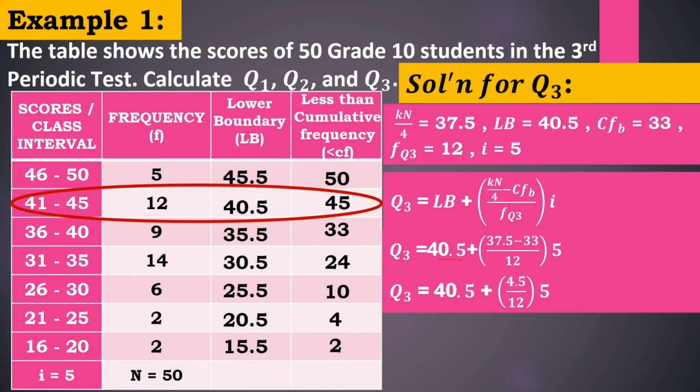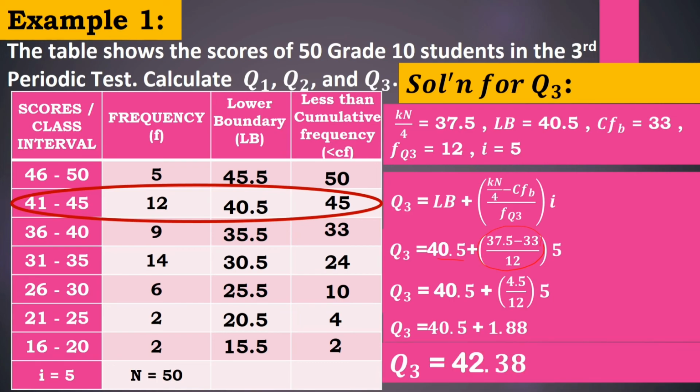Then simplify. 37.5 minus 33 is 4.5 divided by 12 times 5, that's 1.88. 40.5 plus 1.88 is 42.38. So Q sub 3 is 42.38.